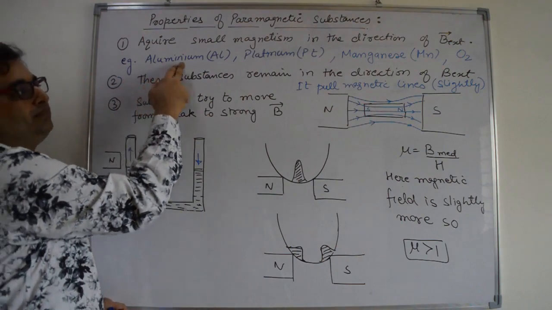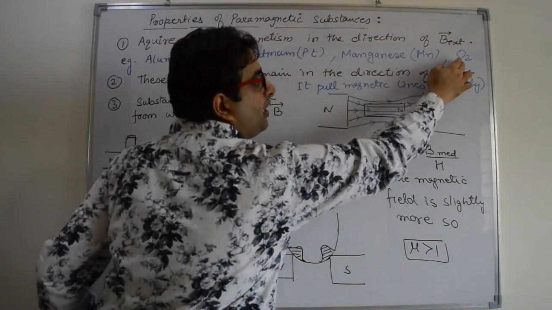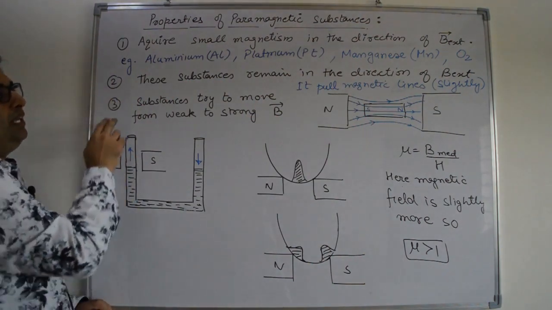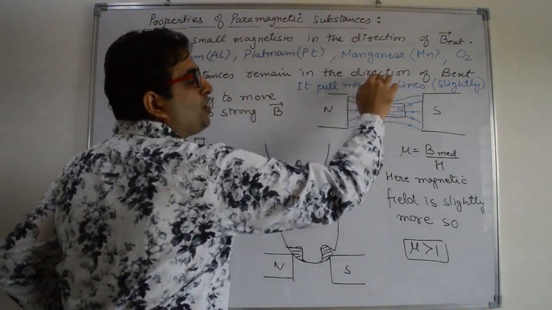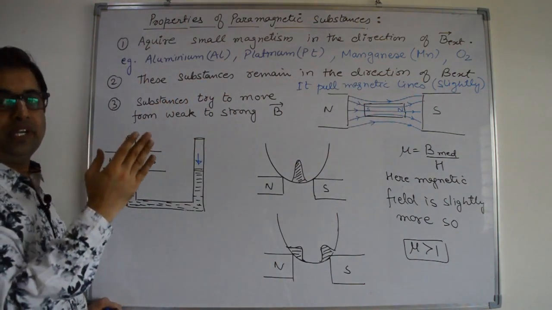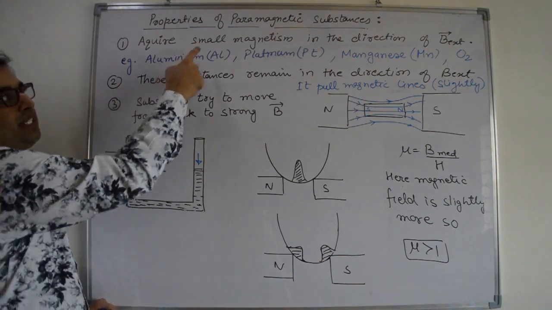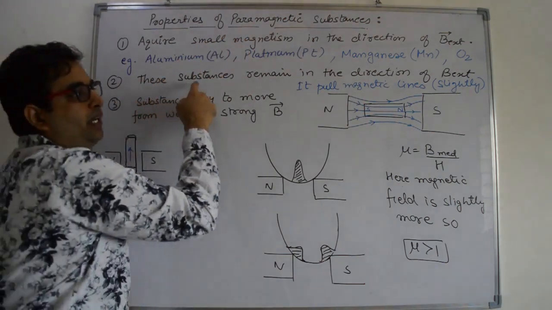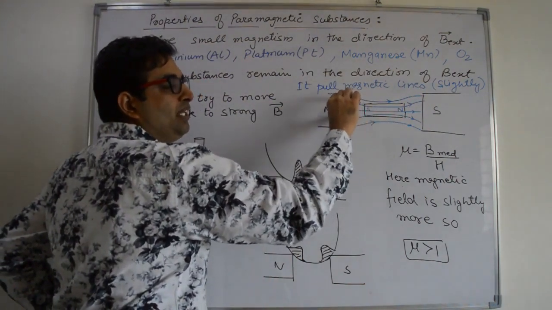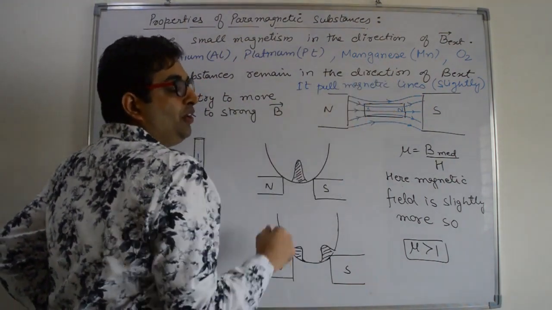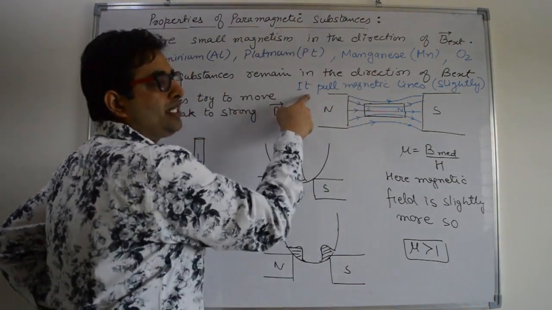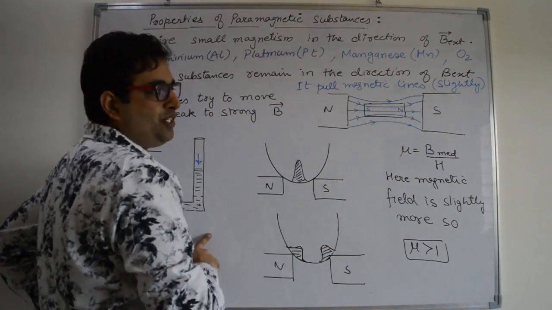Examples are aluminium, platinum, manganese and oxygen, etc. Second point, the substance remains in the direction of magnetic field, whereas the diamagnetic moves perpendicular to the magnetic field. This type of material will pull the magnetic lines of force slightly, whereas diamagnetic will push the magnetic lines of force.